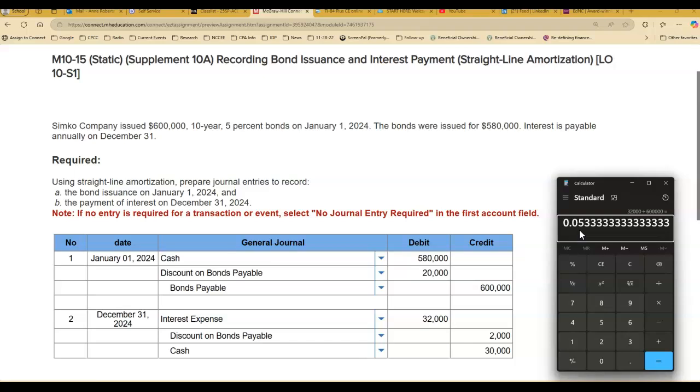On the day that these bonds mature, we need to have 600 on the books. So look at it that way. We are slowly reducing this discount, increasing the carrying value up to $600,000 on the day that the bond matures. That's another way to look at it.